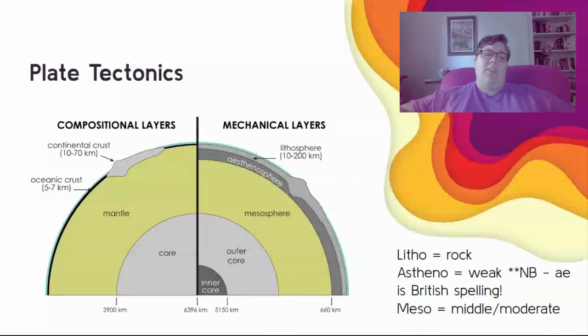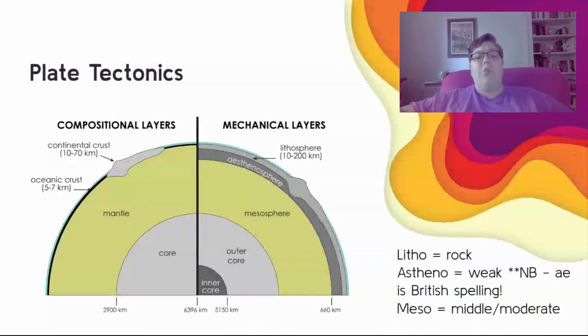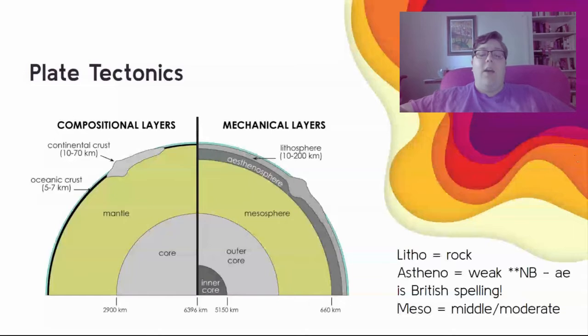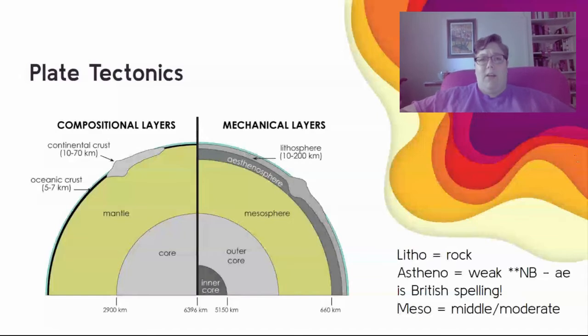If we're referring to them based on how they act and what they do, those are the mechanical layers. And essentially, what happens there is the mantle gets broken up a little bit more and the core gets broken up a little bit. So with the mechanical layers, we define the outer and inner core because those do different things.